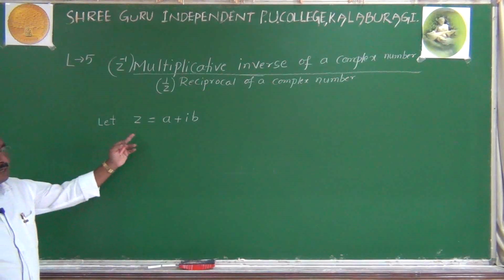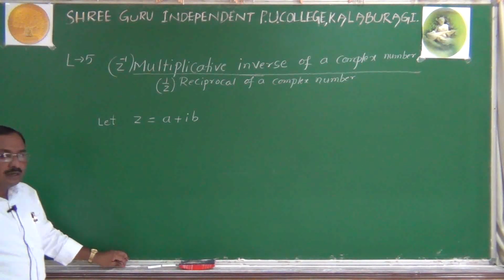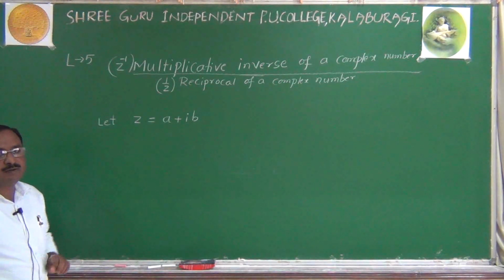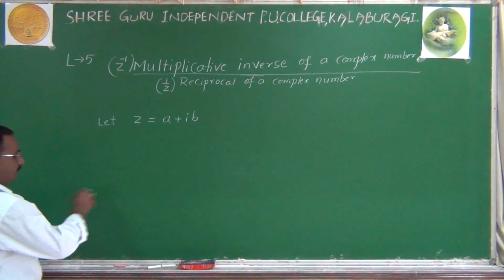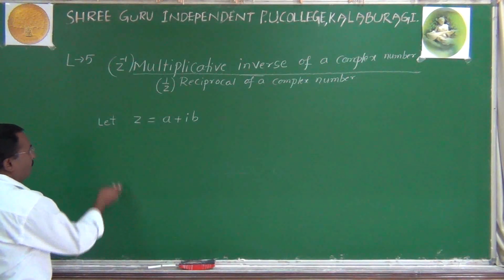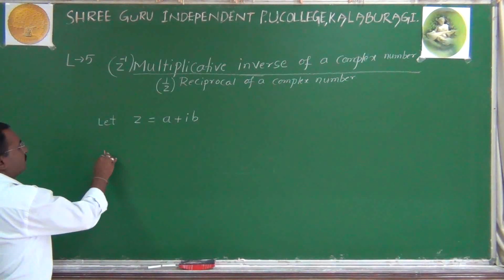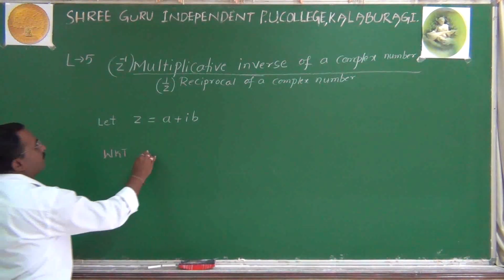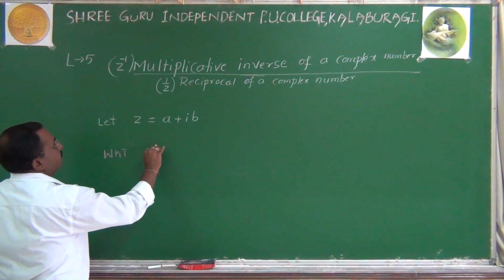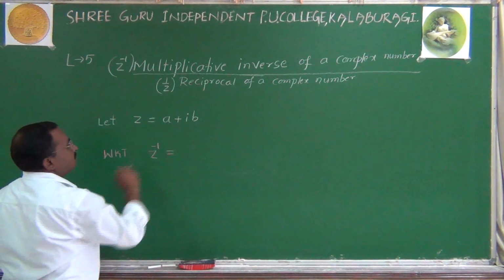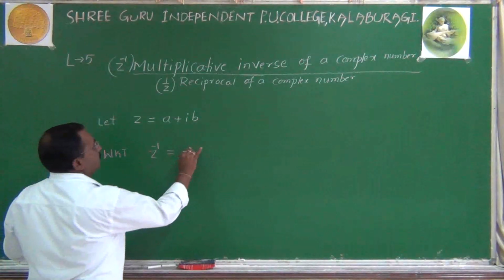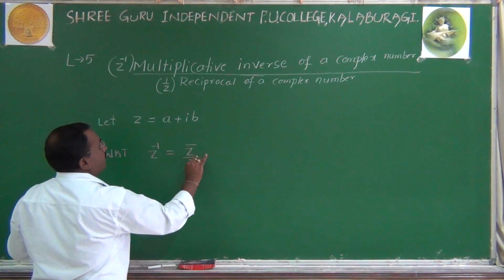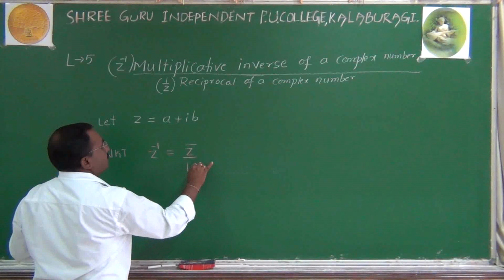For this complex number, write its multiplicative inverse. We know the multiplicative inverse formula, z inverse is equal to z bar divided by modulus of z whole square.